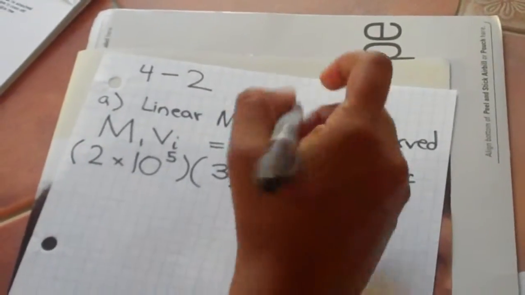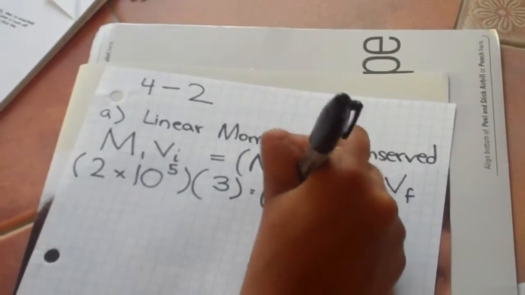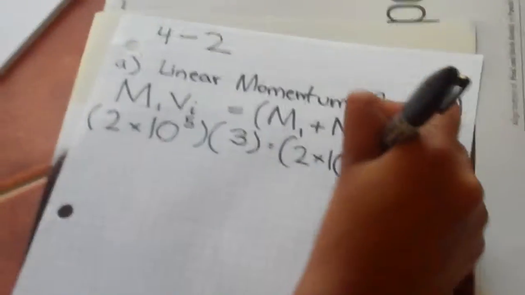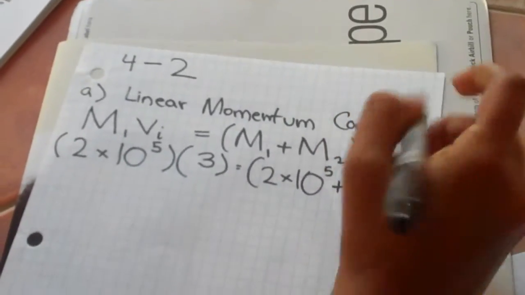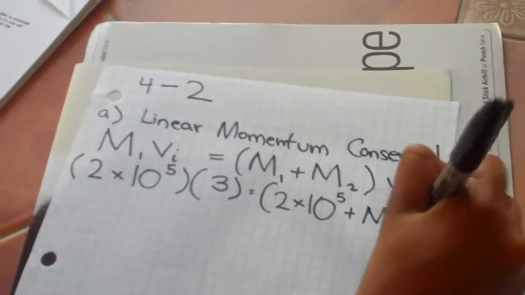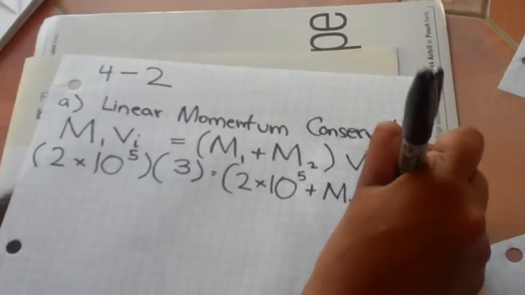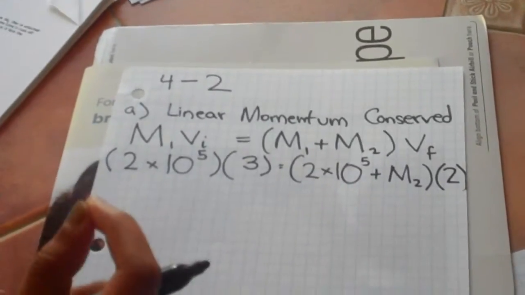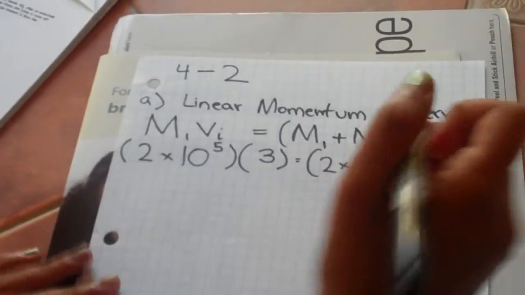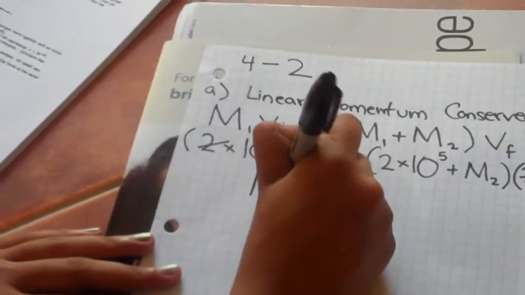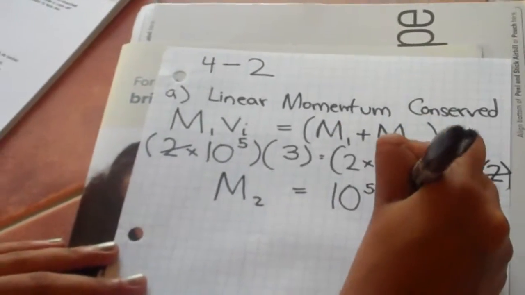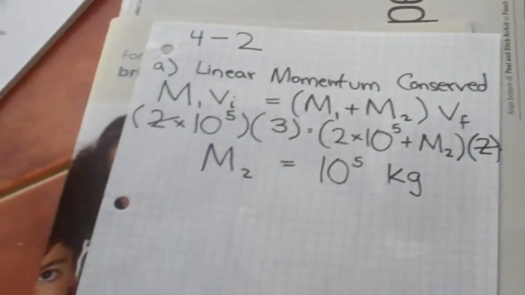Now m1 is the same as before, m2 is our unknown, and vf is given in part A as being 2 meters per second. So now we can use algebra to solve for m2, which is our unknown variable. With a bit of algebra, we see that m2 is equal to 10 to the 5 kilograms.